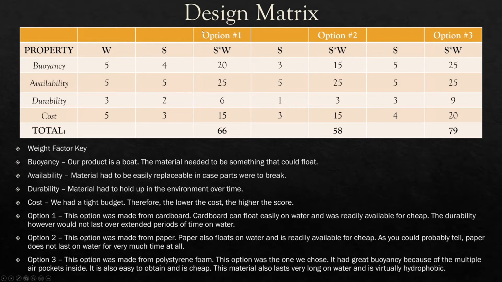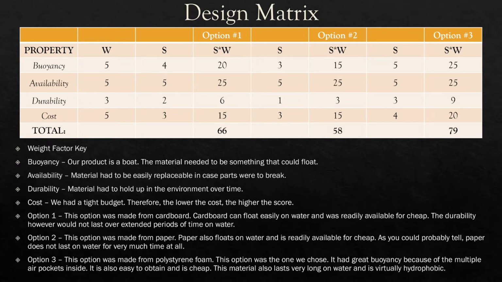Option one was made out of cardboard for the durability. We got a low score because it does float on water and it is available for cheap, but cardboard over time, when it sits on water, starts to get soggy and very malleable.